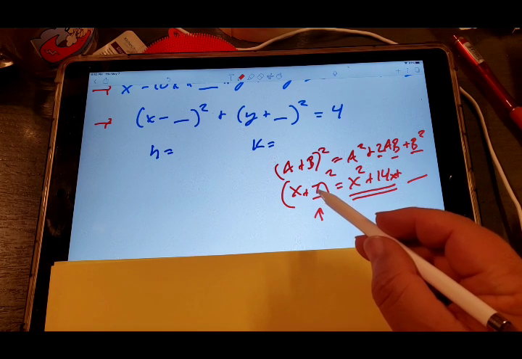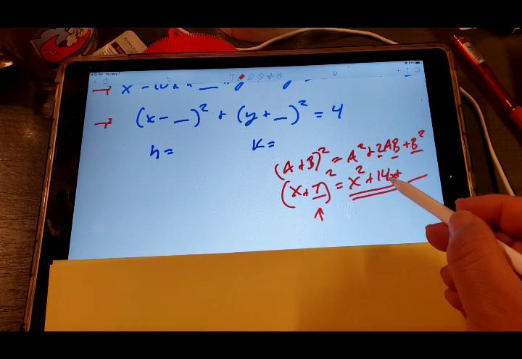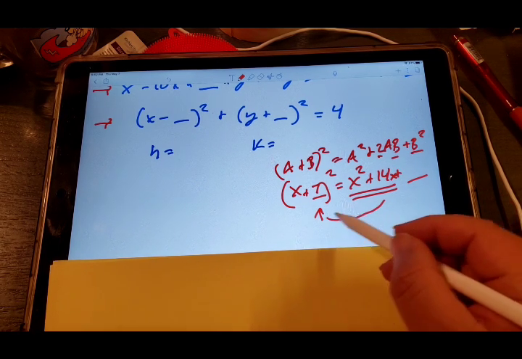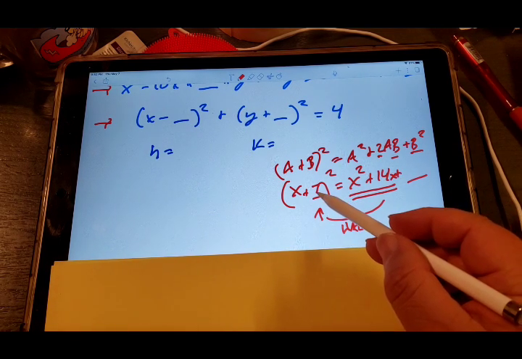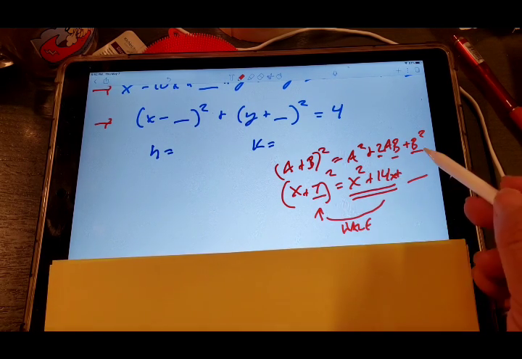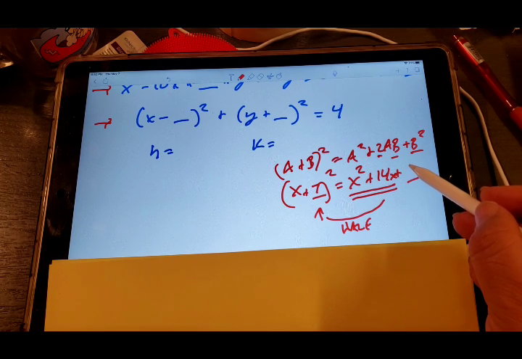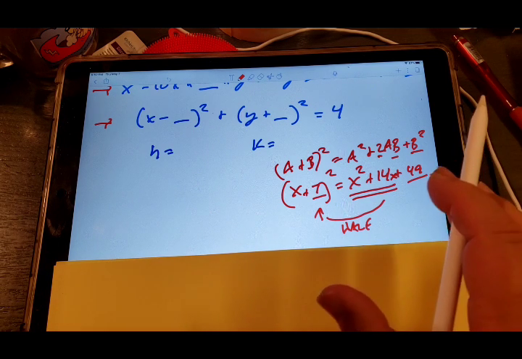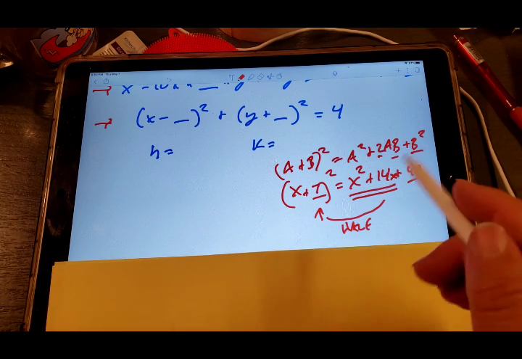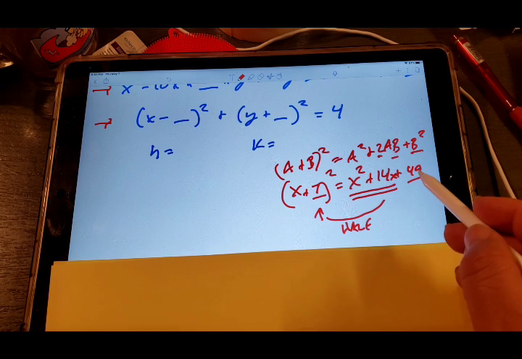Because if it were a 7, I'd double it, I'd get 14. So basically I just did something called cutting in half. And now that I know that's a 7, this is going to be 7 squared, and that's where the 49 comes from. So the idea is I should be able to pick up anywhere. If I know it's a 7, I know the other numbers.